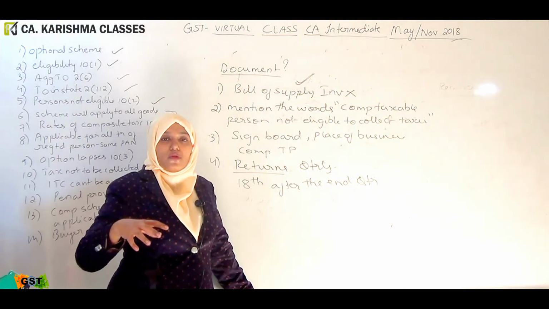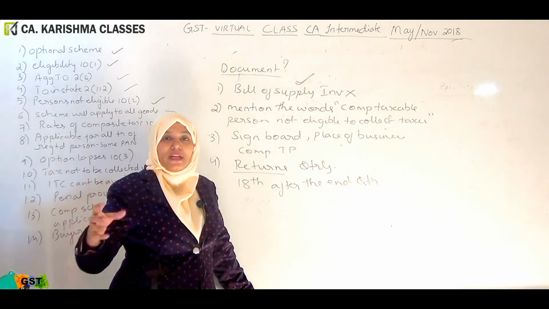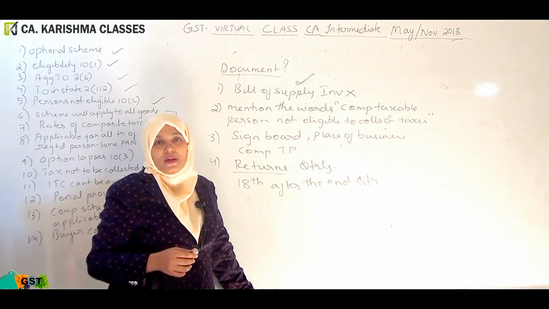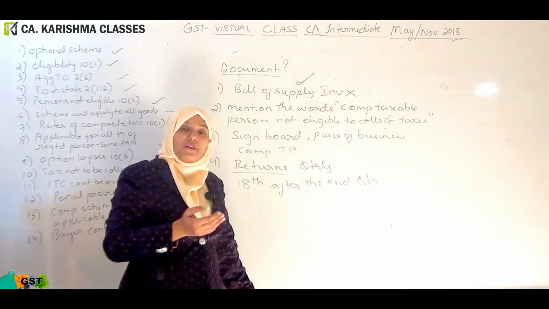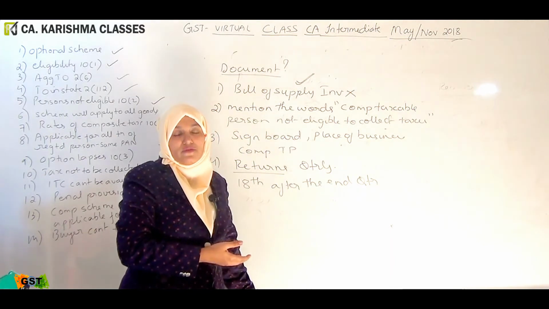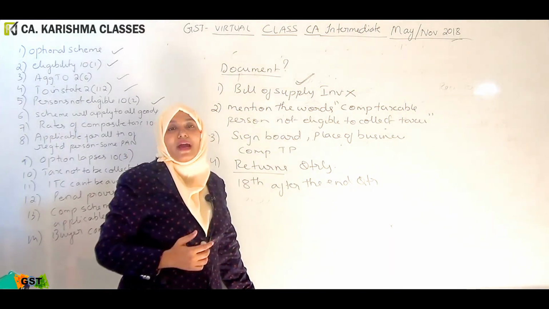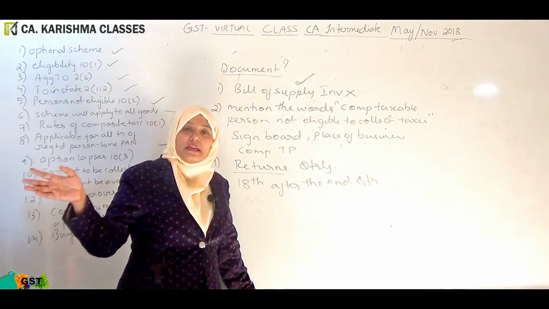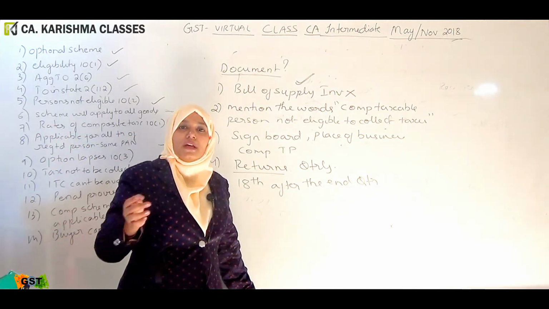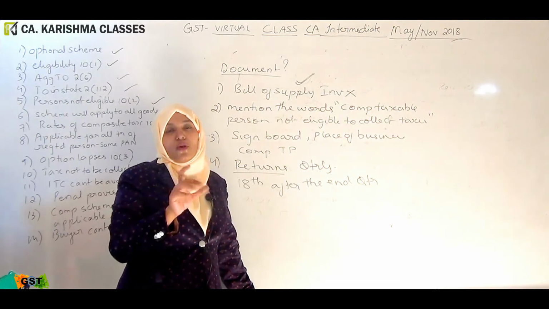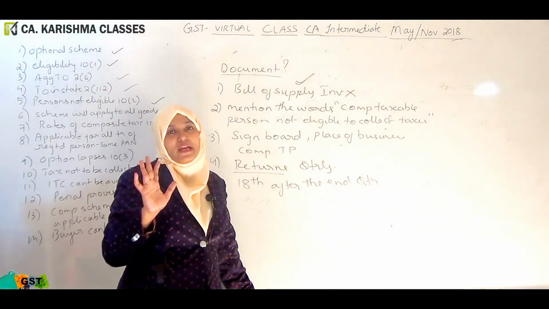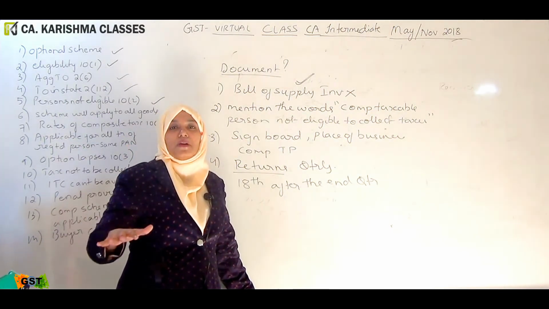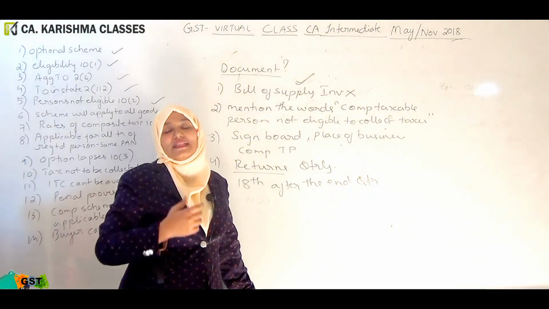See, close to the 20, 19 and 20, the server will be very busy. So with the regular people, if you also push the composition fellows, that server will not be able to handle so much traffic. So let the regular people file their returns by 20 of next month. You do it by 18th. Once the quarter is over, within 18 days you file. To reduce the pressure on the server, we have put this 18th.